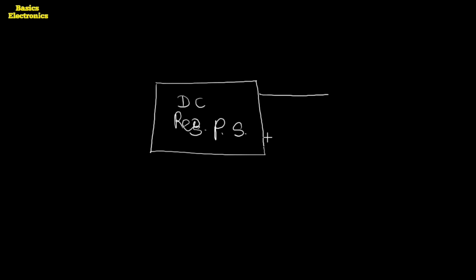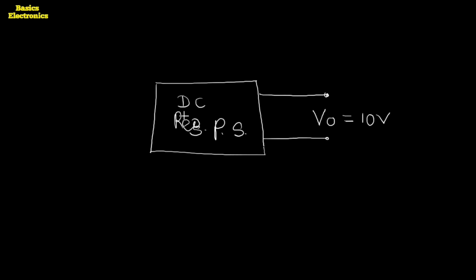Here I am going to draw one block. Suppose we have this power supply, a DC regulated power supply. This power supply provides the output voltage, supposed to be VO, and this VO equals 10 volts.